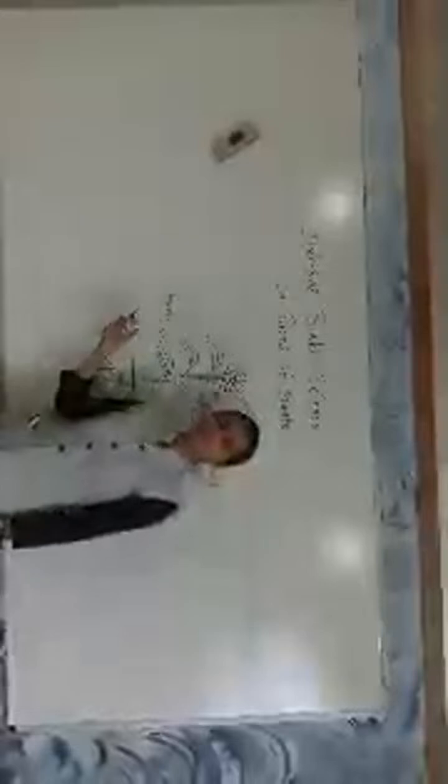So remember, if you get a question where two pictures are given and you have to identify which one is taproot and which one is fibrous root, then the taproot has a primary root, and from the primary root the secondary roots, different roots, grow from the main root. This is taproot.